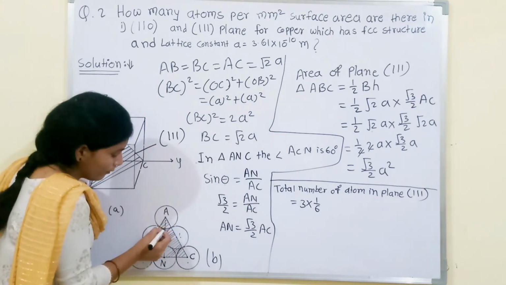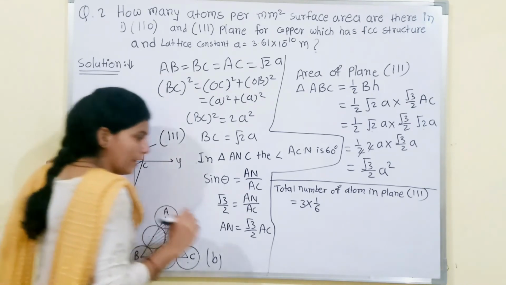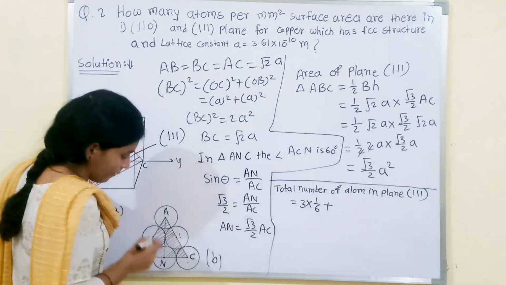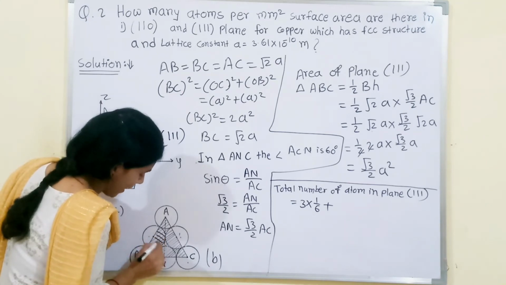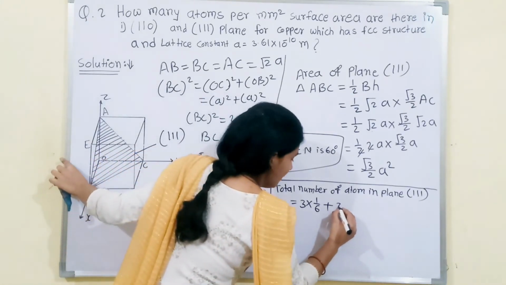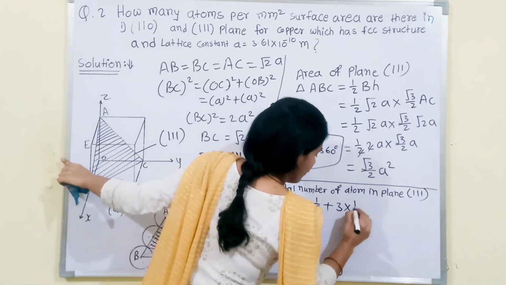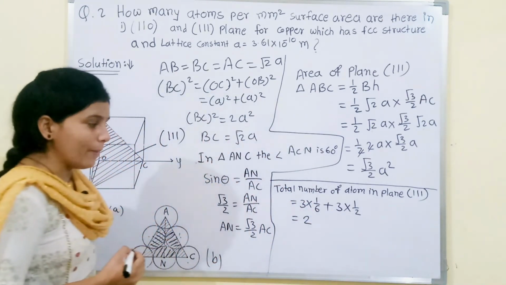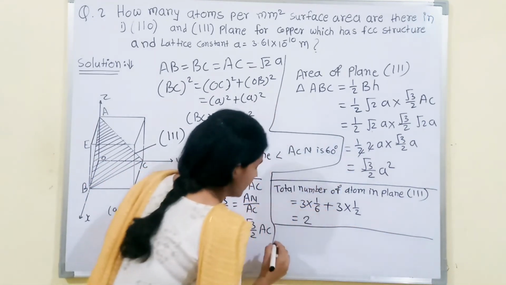Because only 1 by 6 part of that atom is in that plane. Plus, relating to face center, we can see only half part of the atom is in the plane. So 3 into 1 by 2. So we will get number of atoms 2.